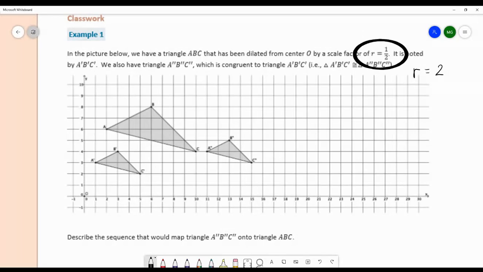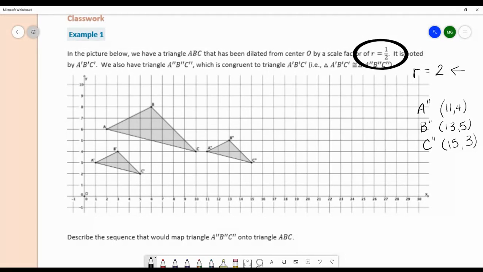Now, we can take our ordered pairs. A double prime is (11, 4). B double prime is (13, 5). And C double prime is (15, 3). To enlarge or stretch our shape, we need to apply our scale factor of 2.